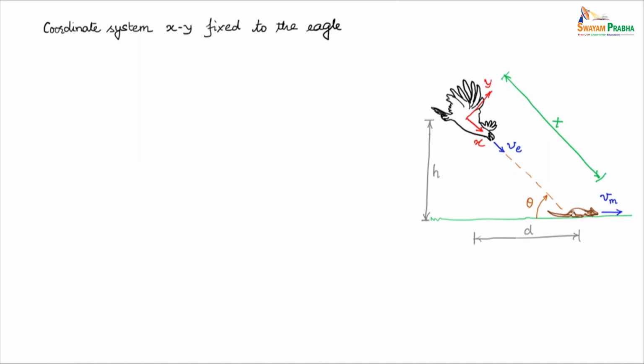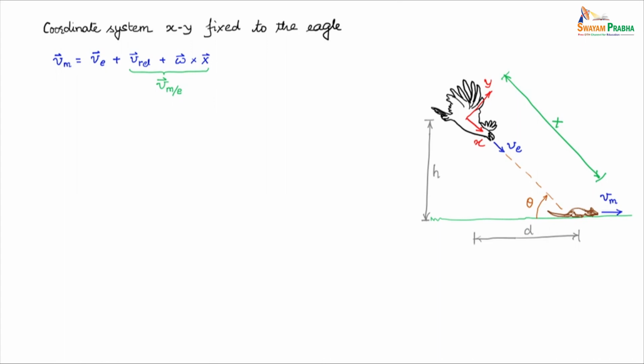Now, because this x y is a rotating coordinate system, our velocity relation, if the eagle wants to relate the velocity of the mouse in its coordinate system, how will it represent? Now, this v mouse is the absolute velocity of the mouse in terms of the absolute velocity of the eagle. So, v mouse is v eagle plus v rel plus omega cross the vector from E to the mouse, which is x vector.